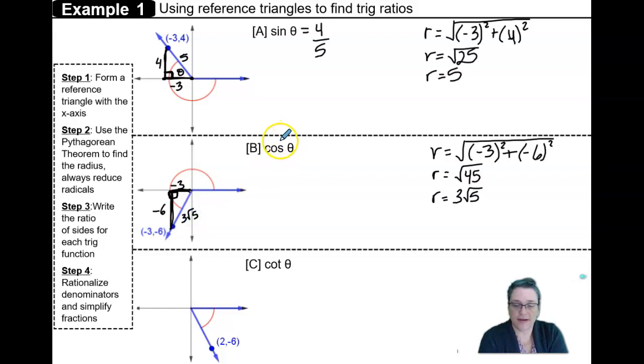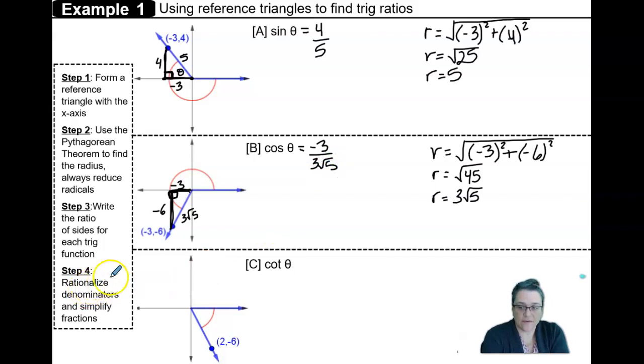And cosine is defined as adjacent over hypotenuse, and that's going to be x over r in this reference triangle. So our adjacent side x is -3. The radius we just found is 3 square root of 5.